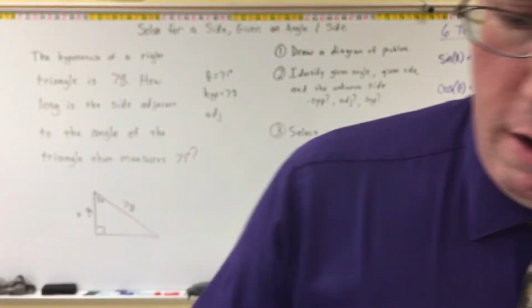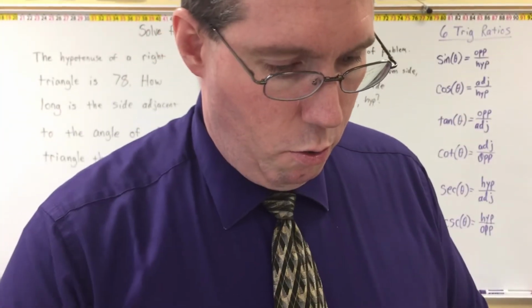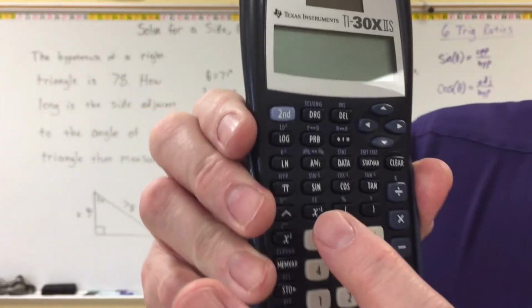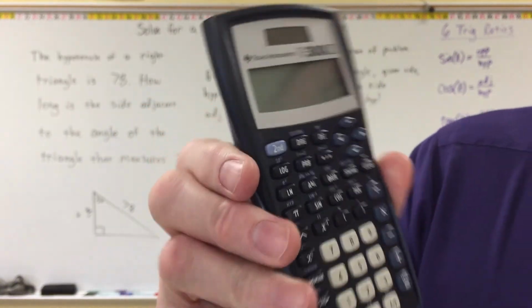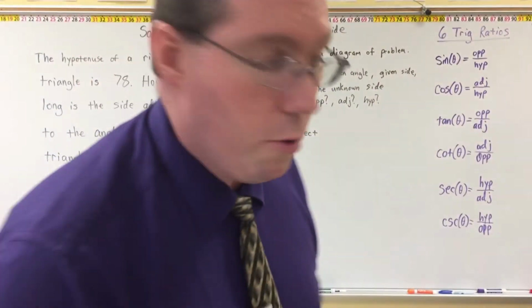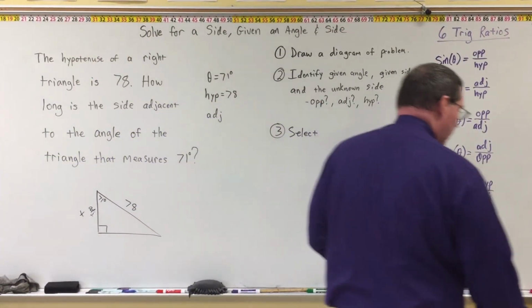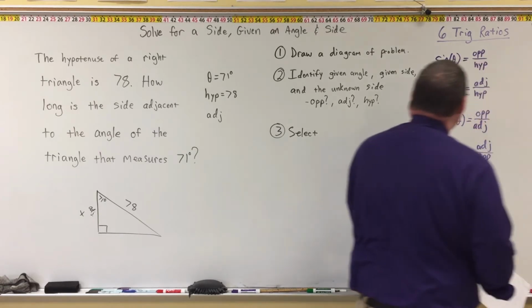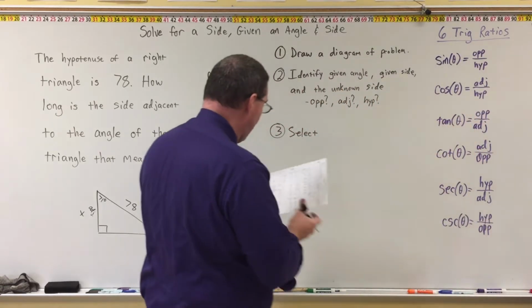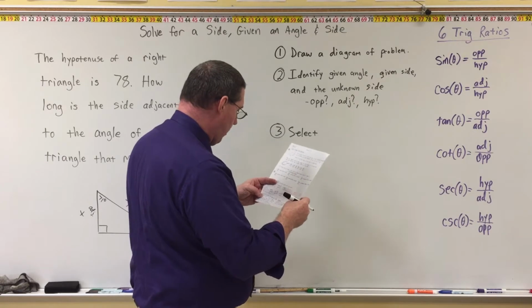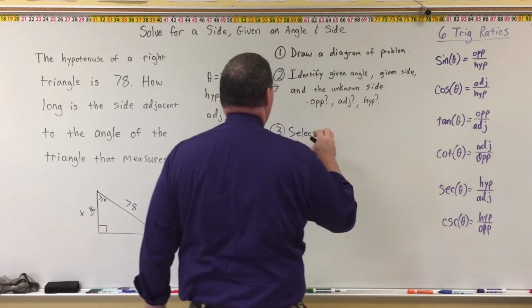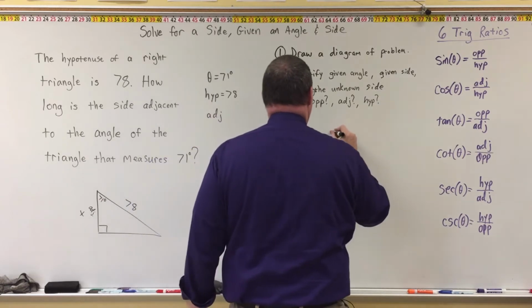See, look here. Here's another calculator: we've got sine, cosine, and tangent, but we do not have secant, cosecant, and cotangent. Therefore, we typically use sine, cosine, or tangent. So select sine, cosine, or tangent based on what you know from step 2.